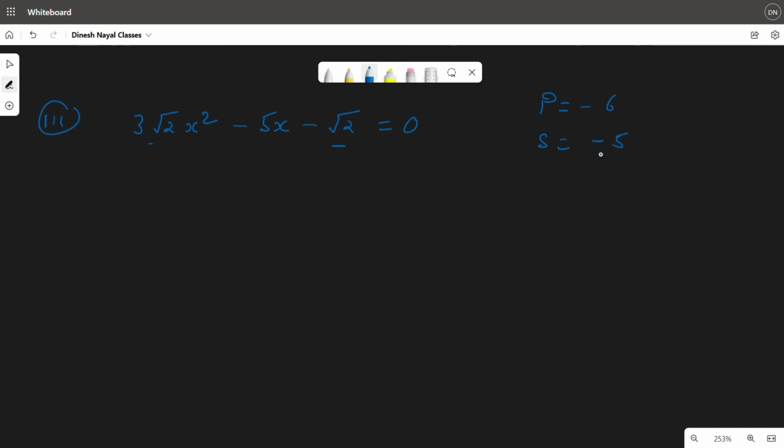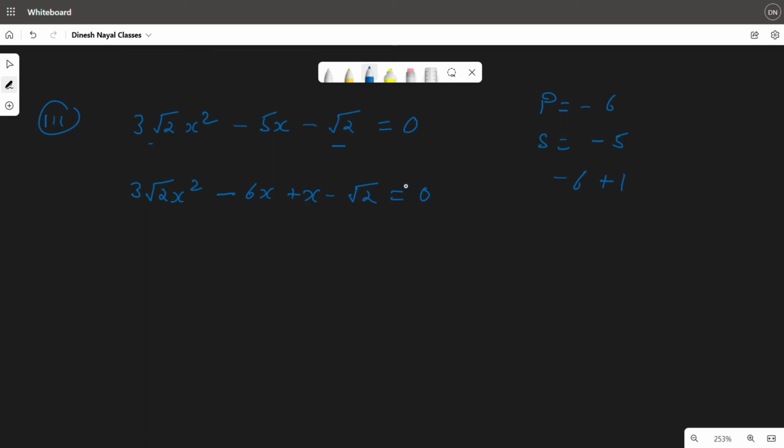So you have to find two numbers. I think it's minus 6 and plus 1 you can take. So 3 root 2 x square minus 6x plus x minus root 2 equals 0.